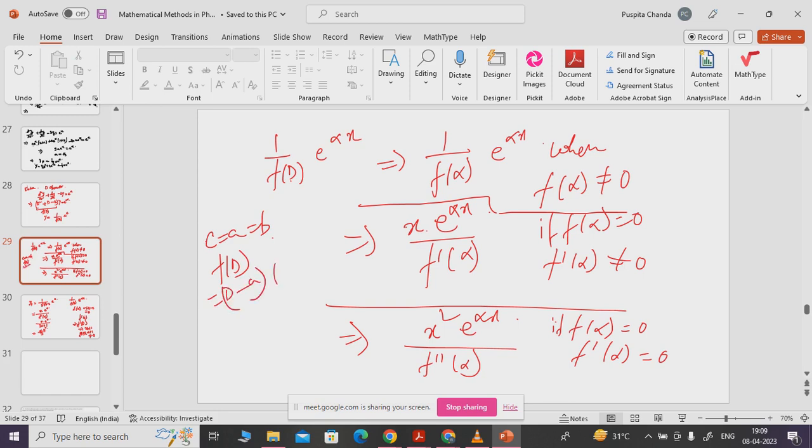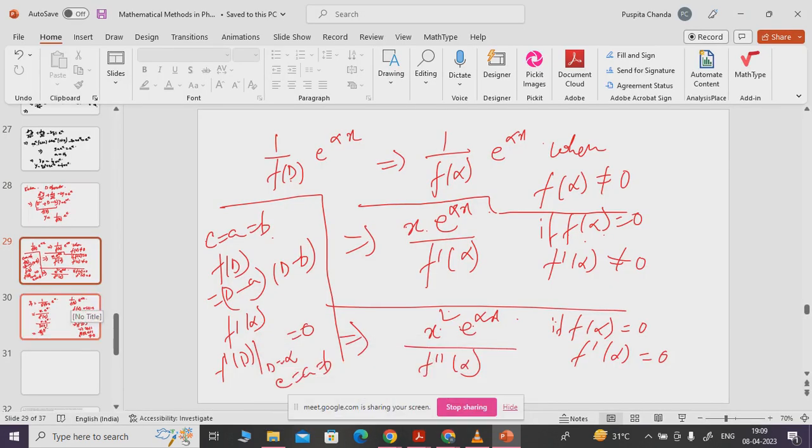F of D is nothing but D minus a into D minus b. F dash D at D is equal to alpha will be 0 only if c is equal to a is equal to b. We have already seen that only then do we assume a form of x square e to the power alpha x. And f of alpha will be 0 when c is equal to either a or b. Okay? If there is any confusion, you can ask.